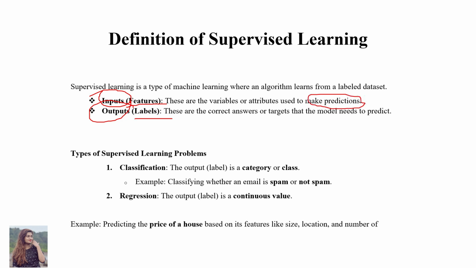That means when we predict something, we need some values or features or variables that make sure we can predict the things. Then the output things, the labels. These are the correct answers or targets that the model needs to predict. So remember it, the target, the correct answer, and the model needs to predict.